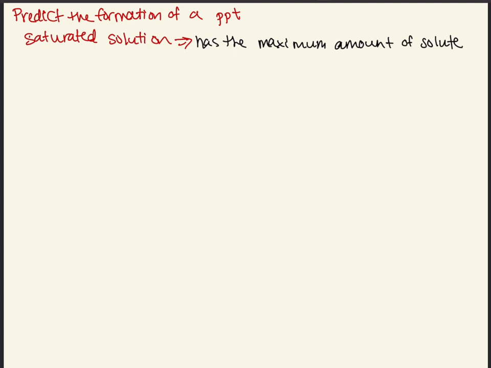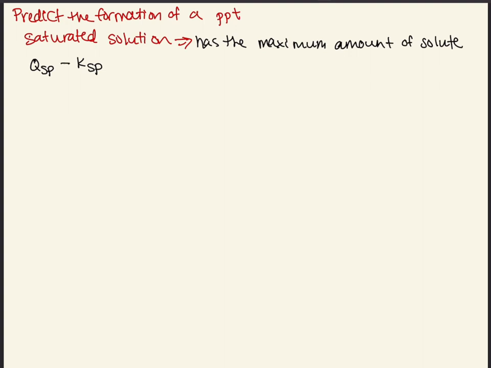So we can use Q and compare it to K to determine whether a precipitate will form or not. Just like we use Q to predict which way a reaction will shift, when we compared it to K, we can do the same thing here.